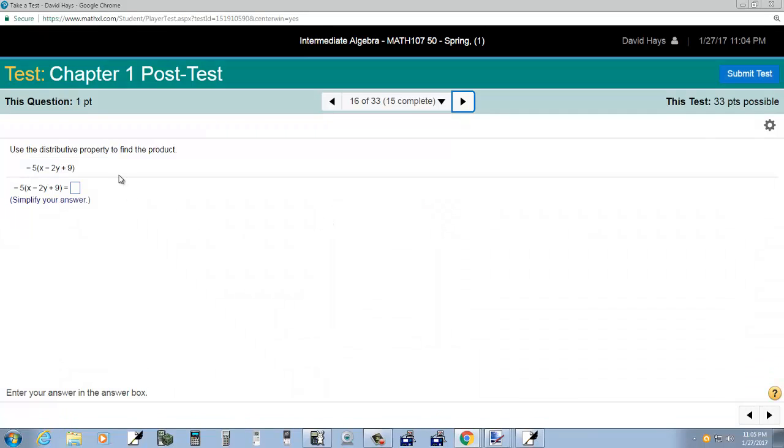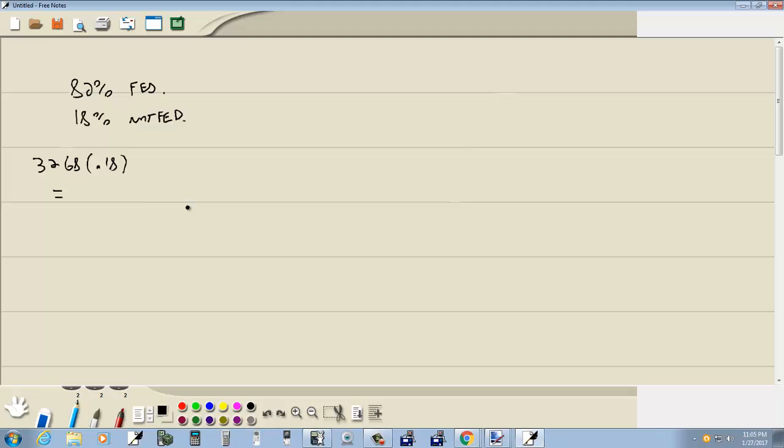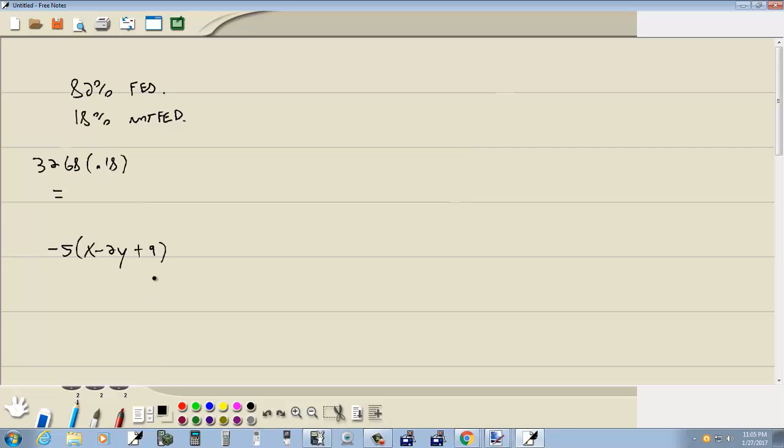Use the distributive property to find a product. So we got negative 5 times x minus 2y plus 9. Distributive property, we're going to take the negative 5 and multiply it times each term inside.